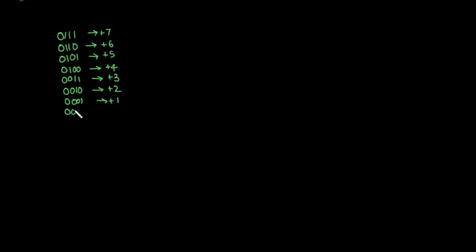This represents positive 7, positive 6, positive 5, and 0 1 0 0, positive 4, 0 0 1 1, positive 3, 0 0 1 0, positive 2, 0 0 0 1 as positive 1, 0 0 0 0 as positive 0.